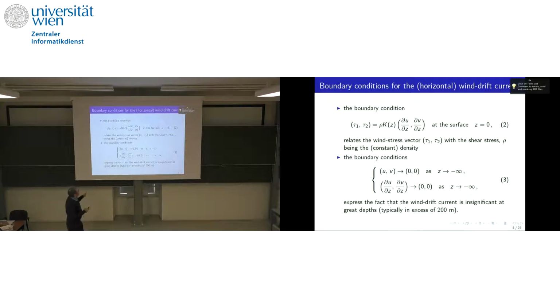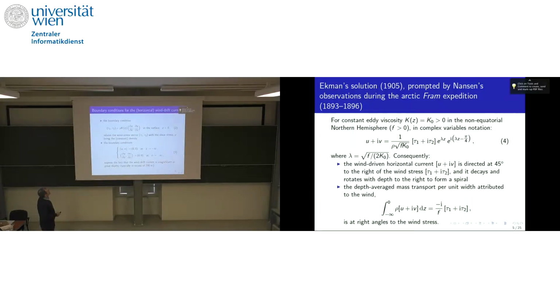So this is the basic system I'm looking at, and there is a famous and classical solution by Ekman in 1905, prompted by observations of Nansen. What Ekman did was take constant eddy viscosity.